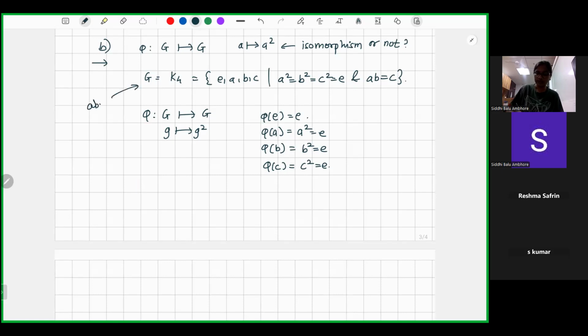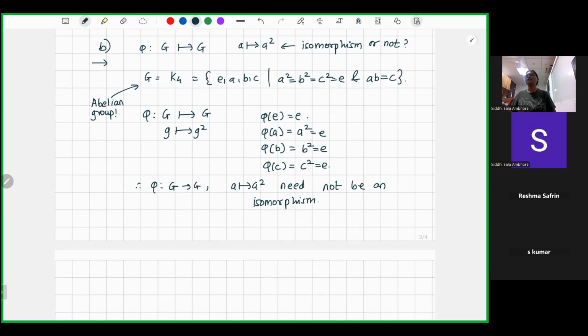And this is an abelian group. We are in an abelian group. So therefore phi from G to G such that a going to a square need not be an isomorphism.